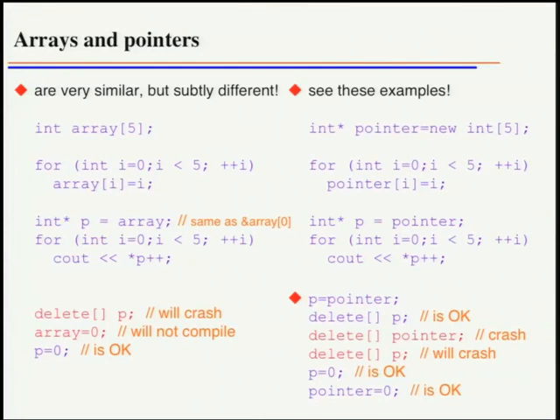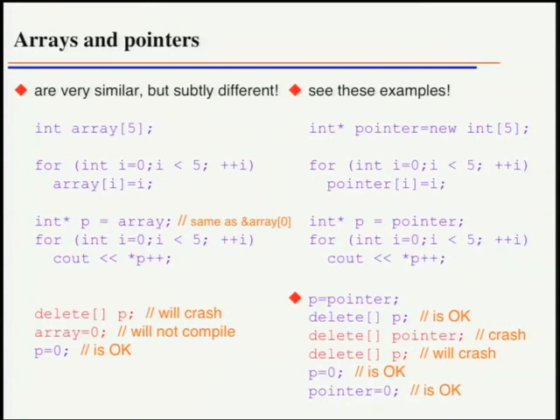We can declare an alias to this pointer, so a second pointer variable which points to the same memory location. Go through the array via this second variable, just as we did here. So assigning one pointer to another works fine.